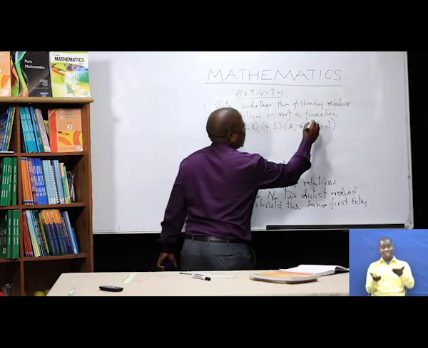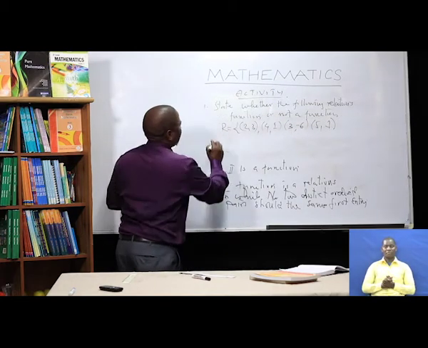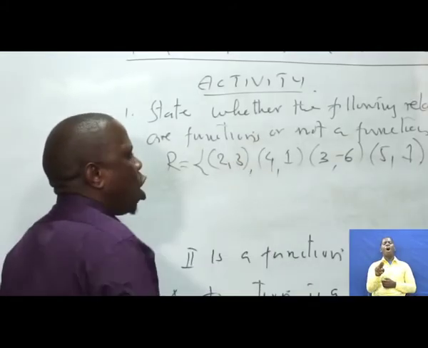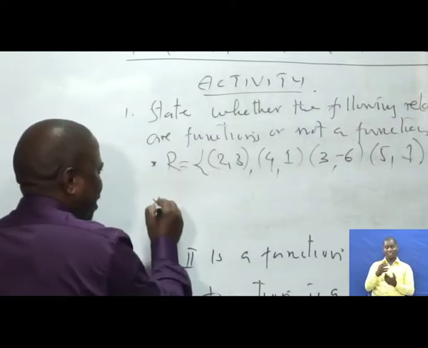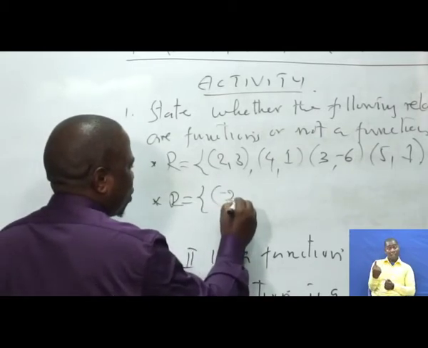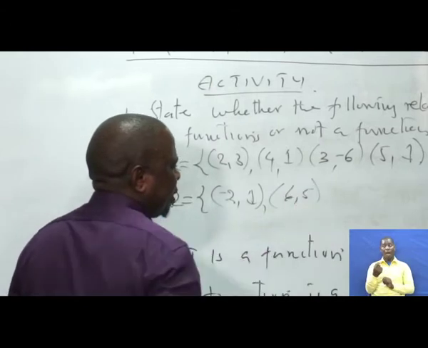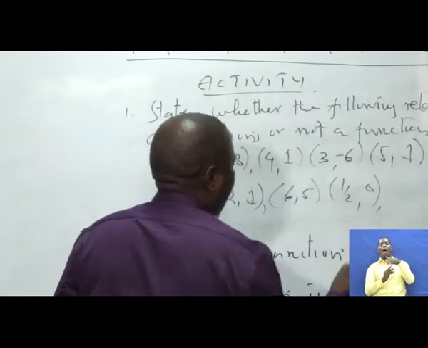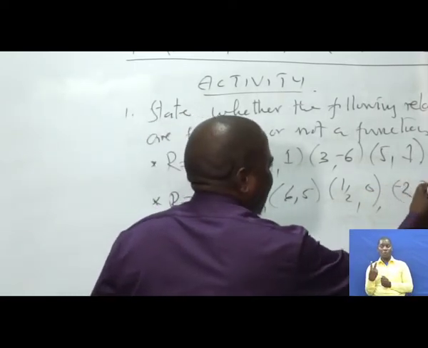State whether the following relations are functions or not functions. We have this as the first one here. You have the second here: (-2, 1), (6, 5), (1/2, 0), and (-2, 5).